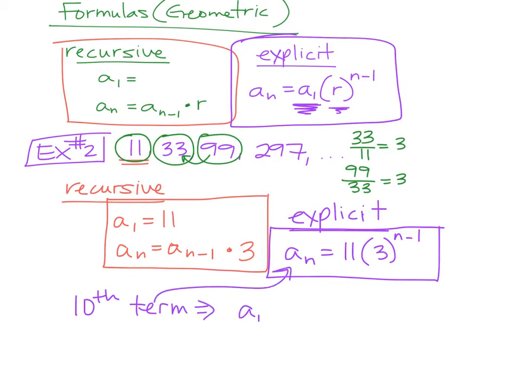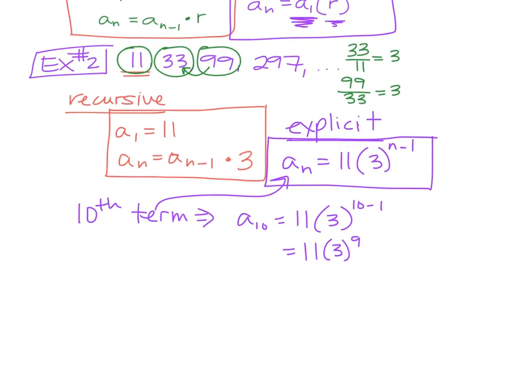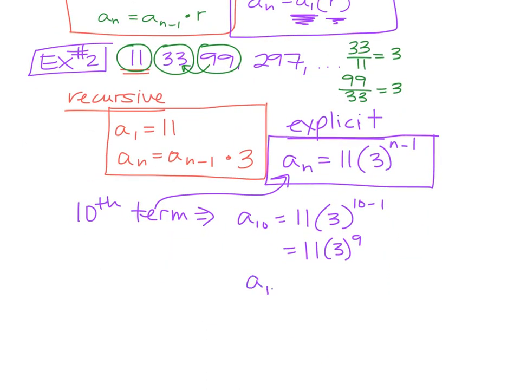So a sub 10 equals 11 times 3 to the 10 minus 1 power. So 11 times 3 to the 9th power. And when you plug that in, you get the 10th term is 216,513. Okay, it jumps up quickly, right? Because it's exponential, it's going to shoot up.